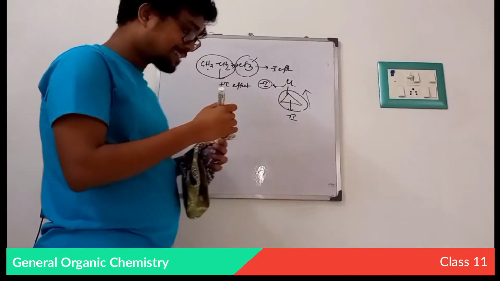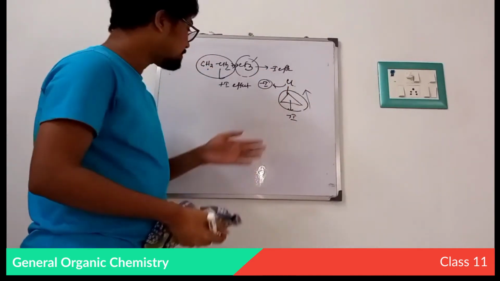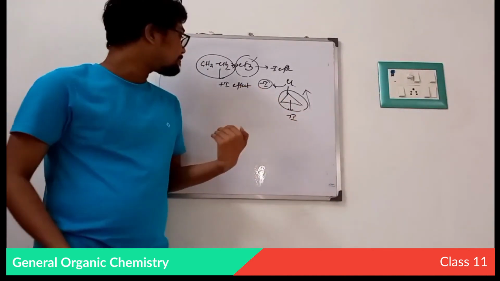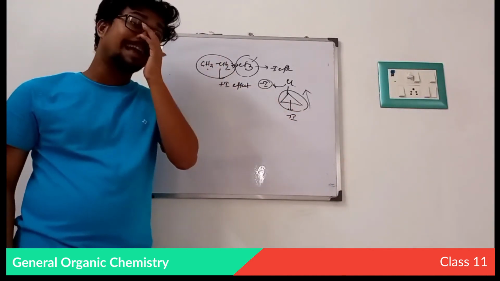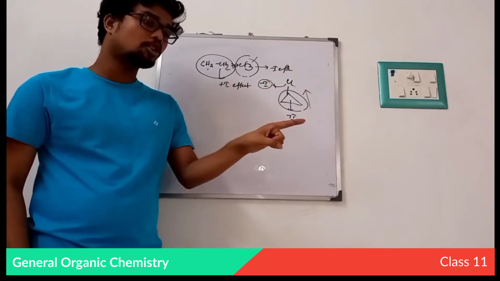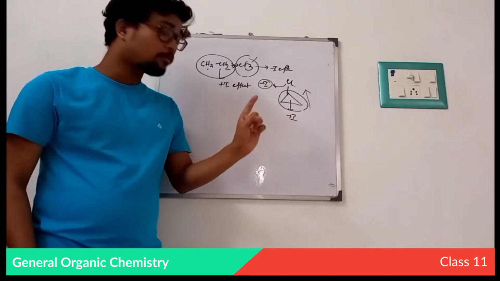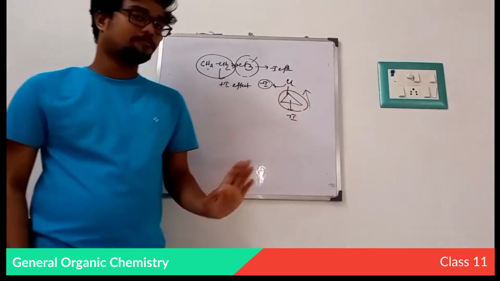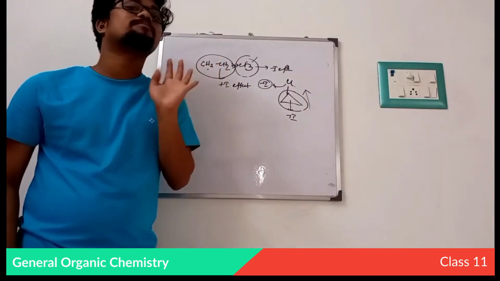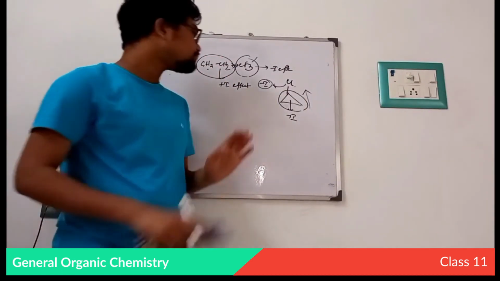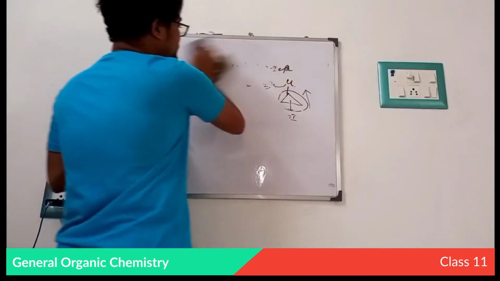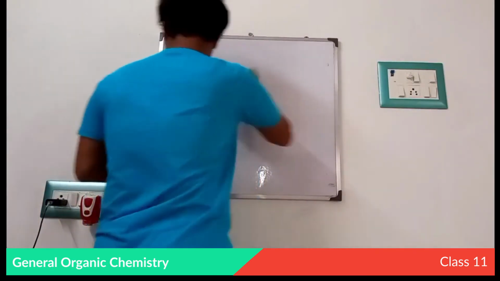So from the above example we can conclude that a system having carbon and hydrogen has the tendency to donate its electron from the bonded pair to other electronegative atoms. So they will always show the plus I effect. Got it?